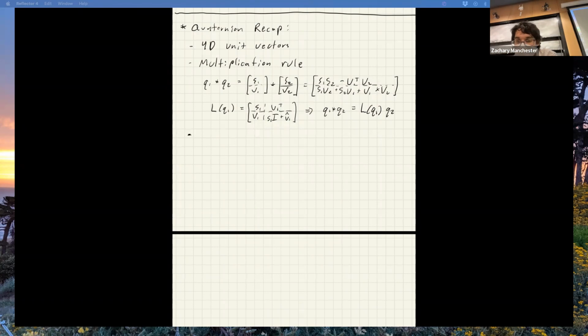So we've got the quaternion conjugate, which acts like the matrix transpose and gives us the opposite rotation. It's called Q dagger, and you keep the scalar part the same and you negate the vector part.